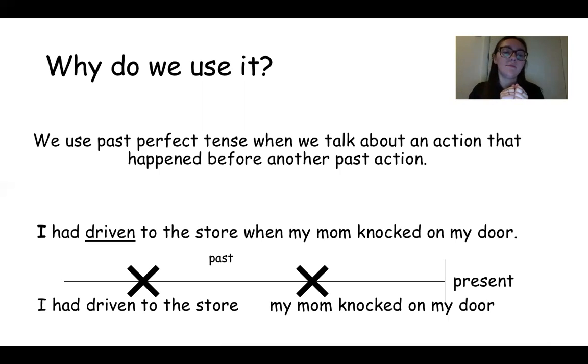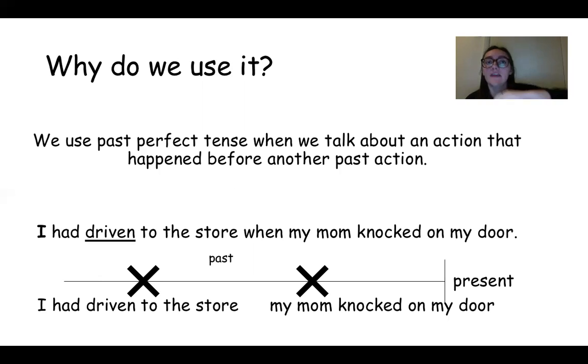So the first one that you use, for example, I had driven to the store when my mom knocked on my door. I had driven to the store is the thing in the past that happened first, and the second part of the sentence is what happened second, right? Or like what I said, I had gone to bed when my boss called to tell me to come in early.